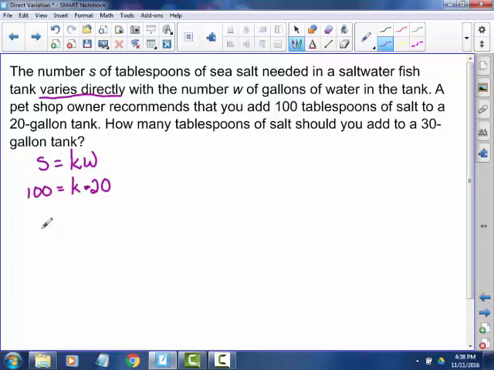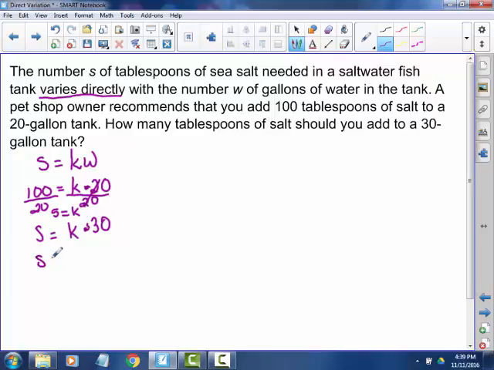Okay, so then we're looking for salt when W is 30. So we have a little issue going on here because we don't yet have our k value. So I have two variables here, I need just one. But from this information I could figure out that k is equal to, let's see, if I divide by 20, 20 goes into 100 5 times, so that means that k has to be 5.